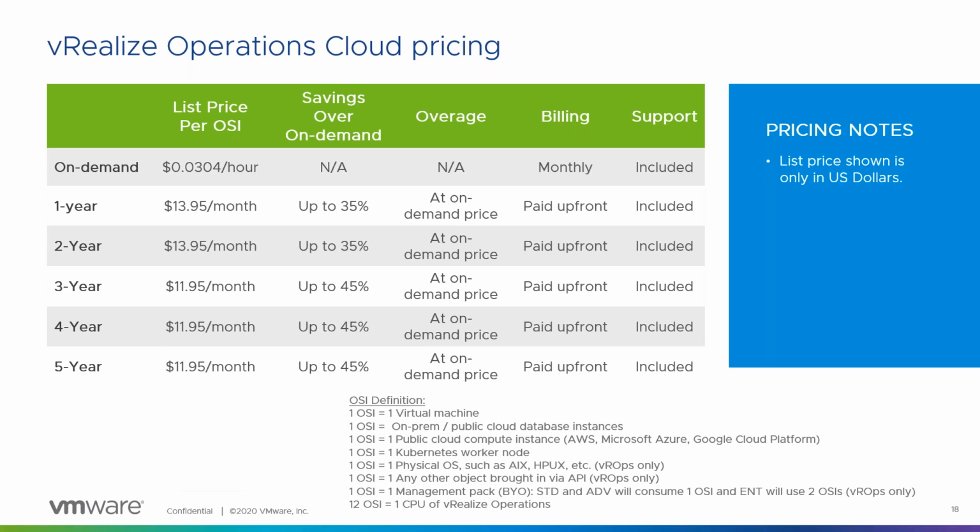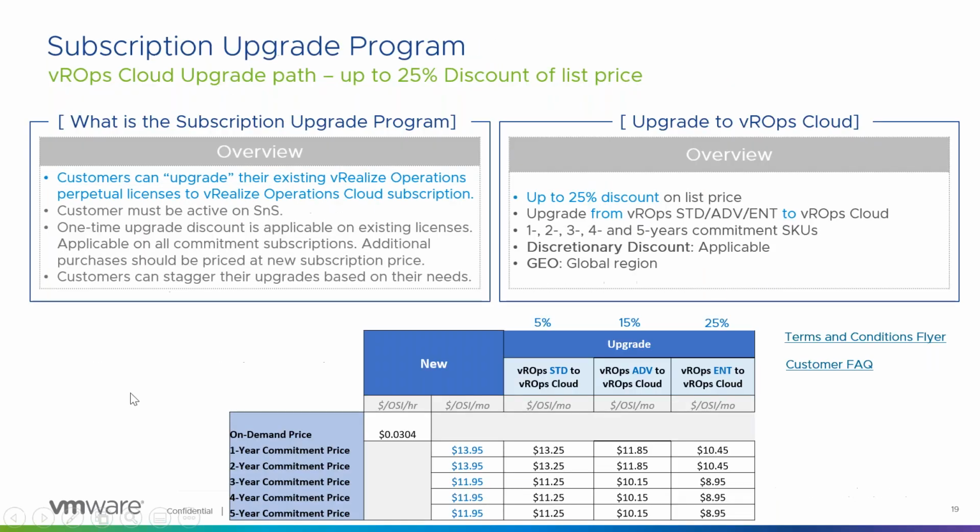Now, what is another question, and Manav, thank you for sharing this question, but I'm also going to share with the folks in our webinar is how and what do I do with my existing licenses? So we have a subscription upgrade program for customers who want to upgrade their perpetual license to the subscription vRealize Operations Cloud. Organizations can get up to 25% discount of list price, and that is between standard, advanced, and enterprise. You must be active on your subscription and service and coming up for renewal. And you can see here the discount.